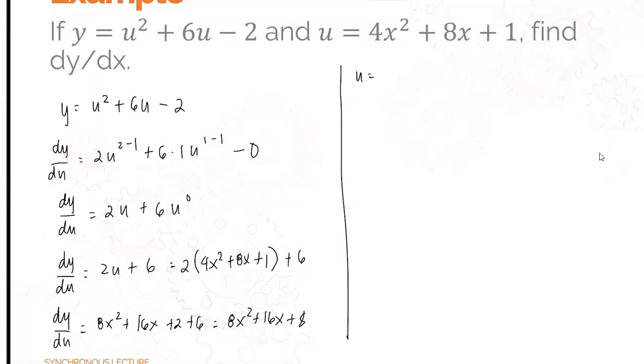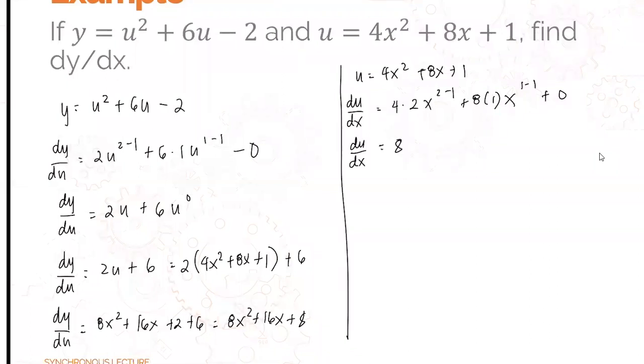So, we have u is equals to 4x squared plus 8x plus 1. So, du over dx. So, we have 4 times 2x raised to 2 minus 1 plus 8 times 1x raised to 1 minus 1 plus 0. So we have du over dx equals to 8x raised to 1 plus 8x raised to 0 or 8x plus 8.